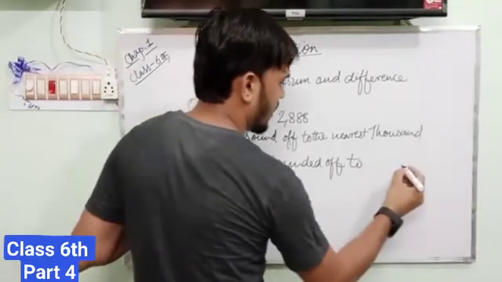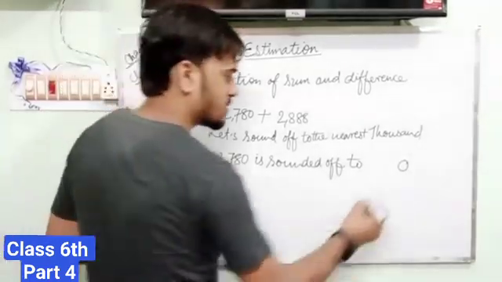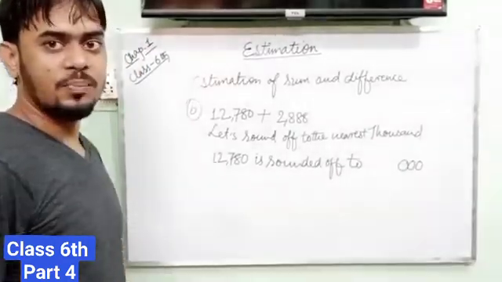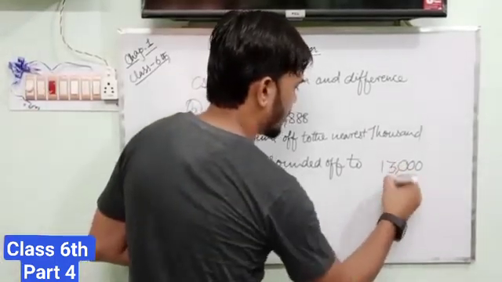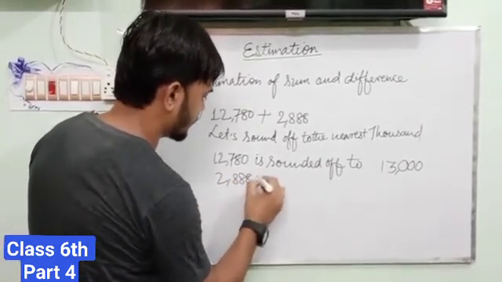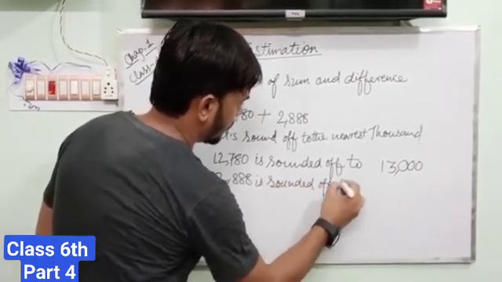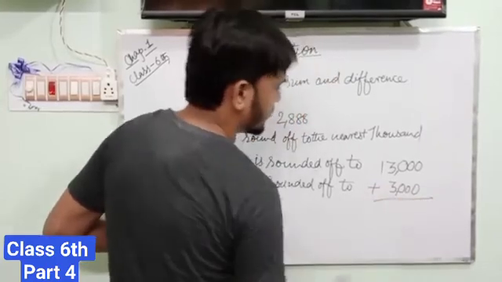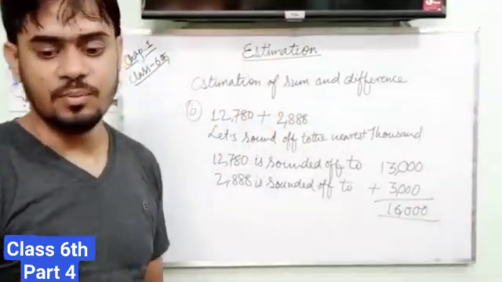So it will be replaced by 0, the tens and ones places also by 0, the thousands place will be increased by 1, and the other digits remain the same. 2888 is rounded off to 3000. Now add, and it will be 16,000.